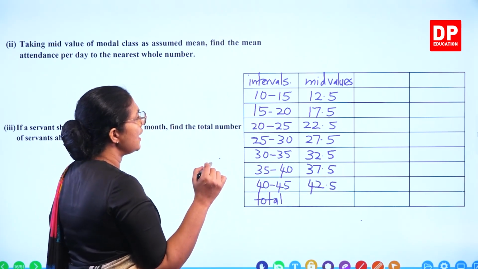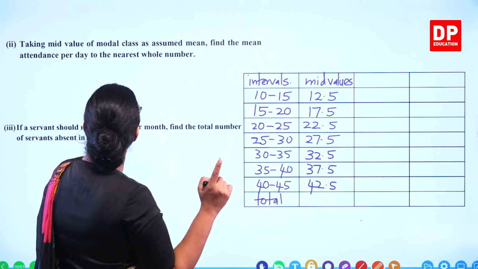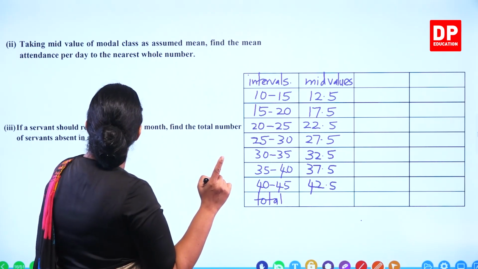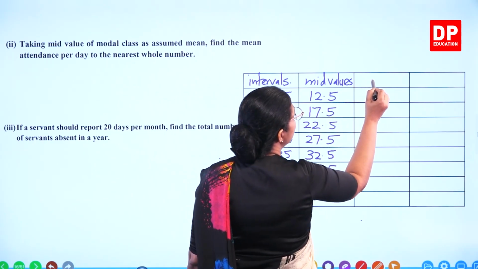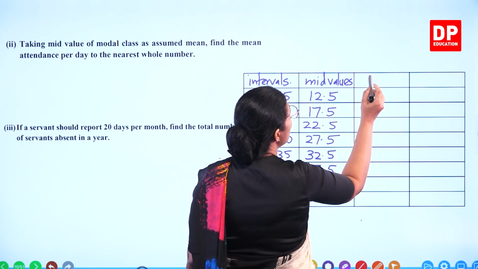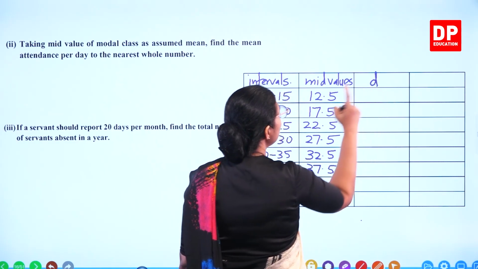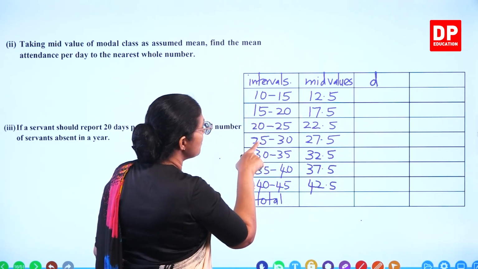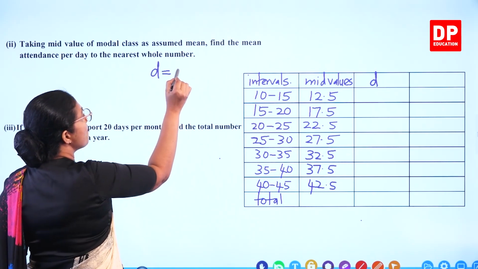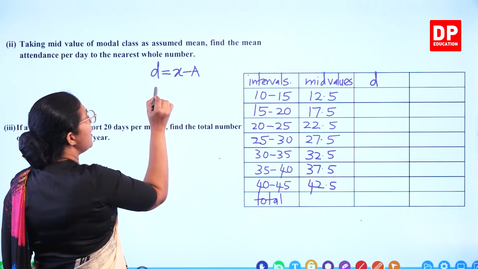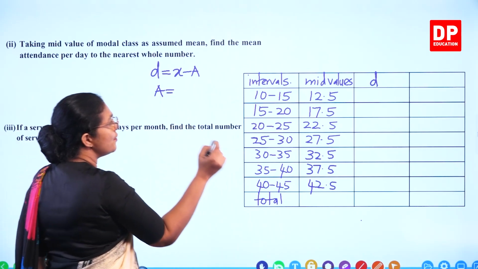Then we have to take the D value, and the D value becomes the difference between X and A. But what is the A value? First you will write the A value.